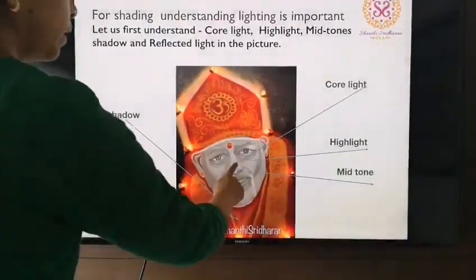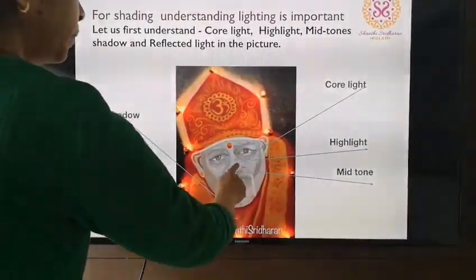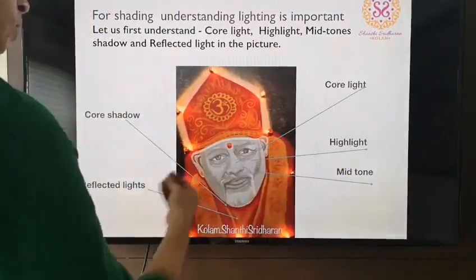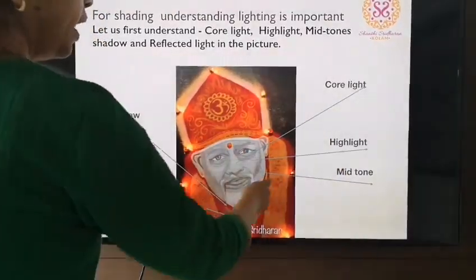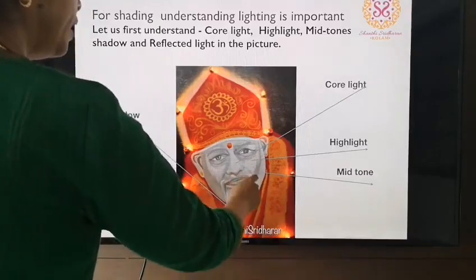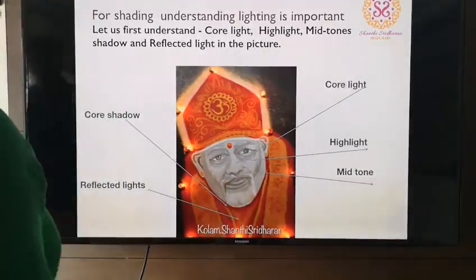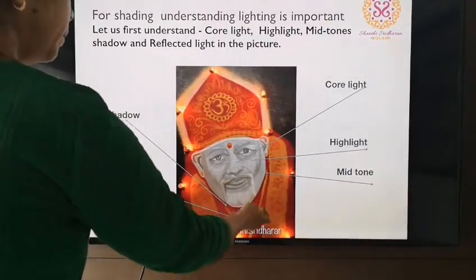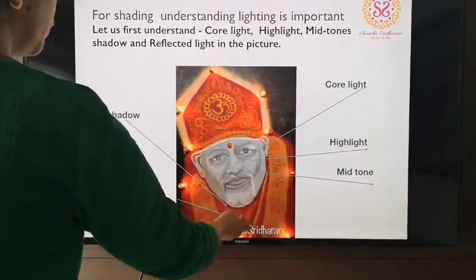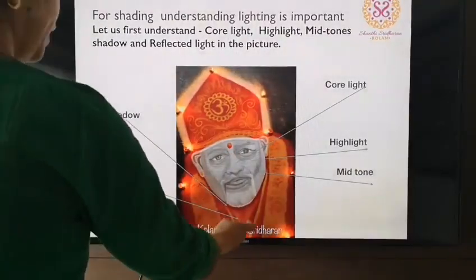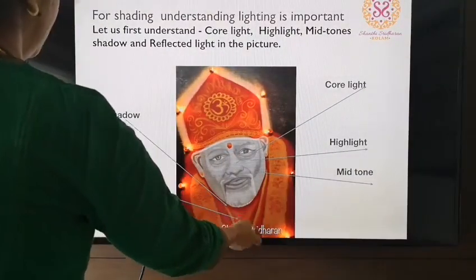Now, this is my core light and the white area which appears brighter here on his face is a highlight. So that is my highlight. And my midtone will be slightly darker than my core light. This is my midtone. And this side will be my darker side, and this is my core shadow, and the light which reflects on the core shadow will be my reflected light. So these all will be my reflected light.